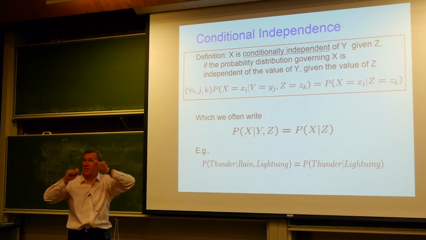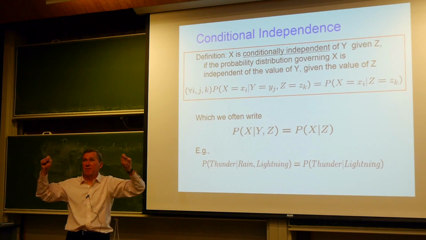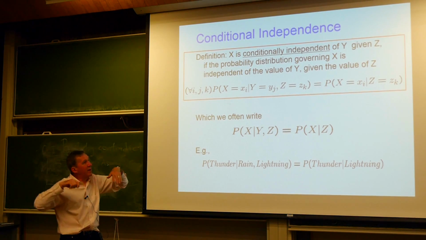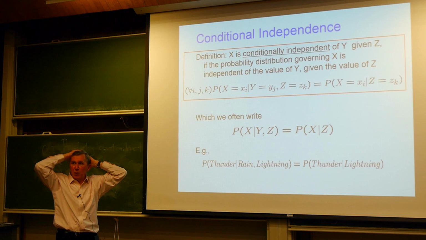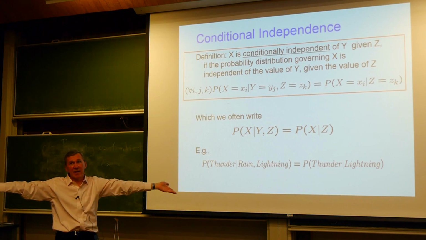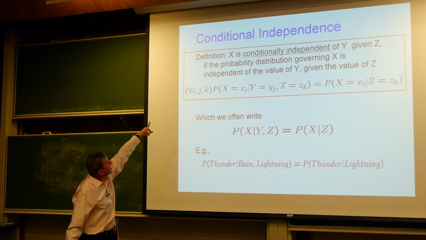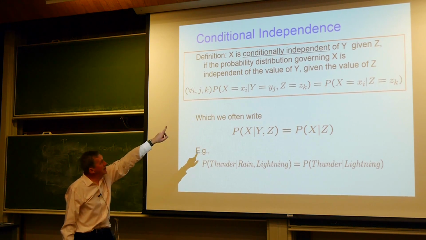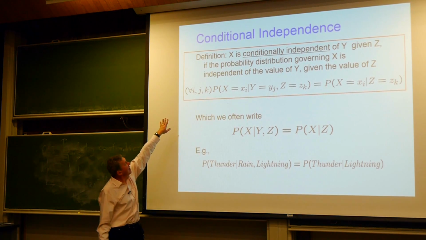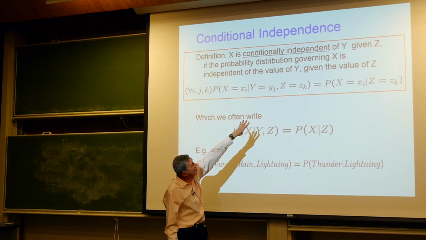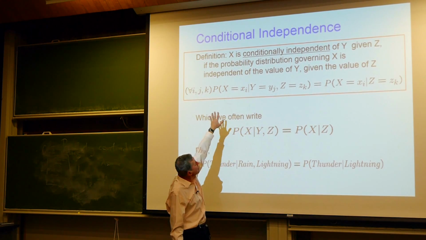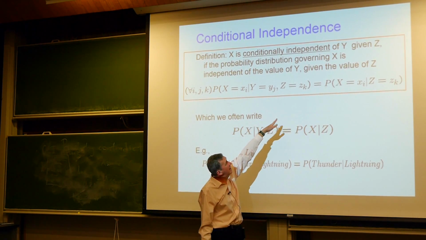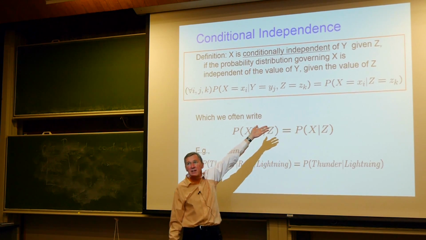Given three random variables, x, y, and z, we could assume, to make it simple, that they're Boolean, but they don't need to be. They could be anything. We'll say that x is conditionally independent of y given z if the probability distribution governing x is independent of the value of y given the value of z.